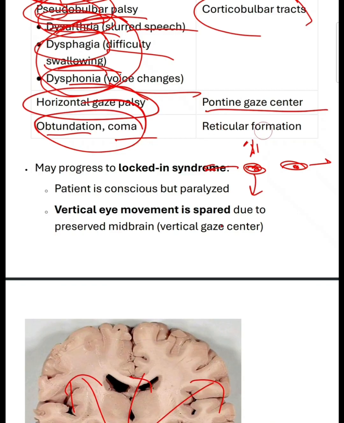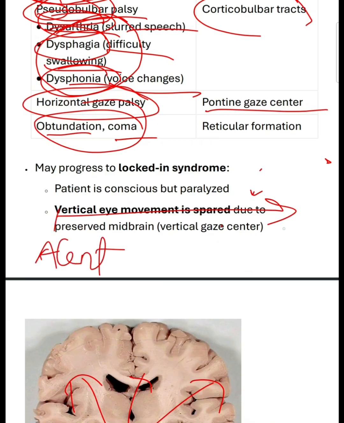So let's say this is the scale of consciousness, and here you are alert already. Here you are, let's say, in coma. Coma means you cannot awake the patient even with the most painful stimuli, right? So that is the most severe problem, well, before death.